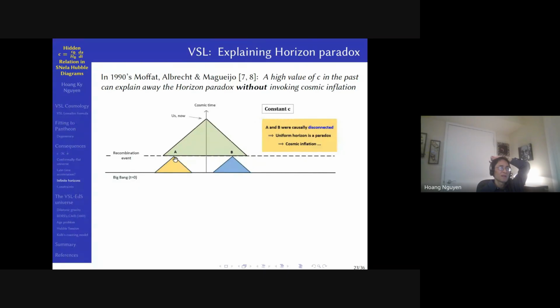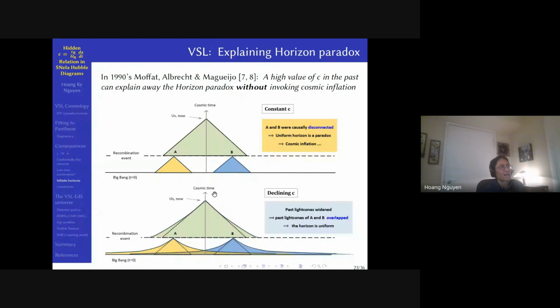So let's consider the two events A and B, two distant points across the sky, far away from each other. And the problem with this one is that A and B, we look back, the past light cones are causally disconnected. Okay, and so therefore A and B are disconnected. So why do we look the same across the sky? To very high precision, 10 to the -5 precision.